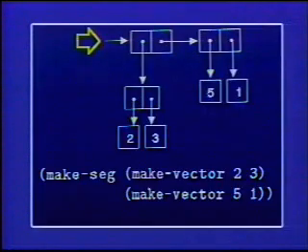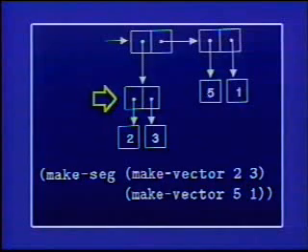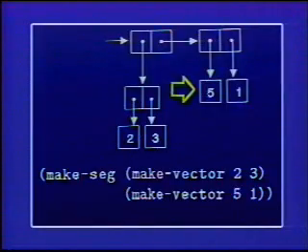Here's the segment. Its car pointer is a pair. And its cdr is also a pair. And what the car is, here's the car, that itself is a pair of 2 and 3. And similarly, the cdr is a pair of 5 and 1.